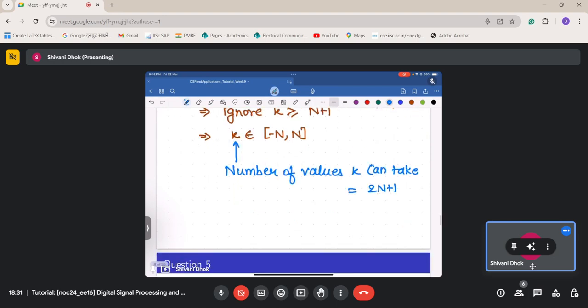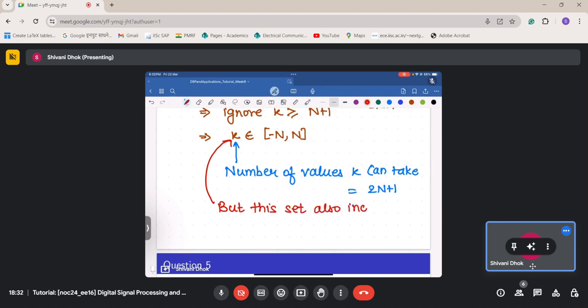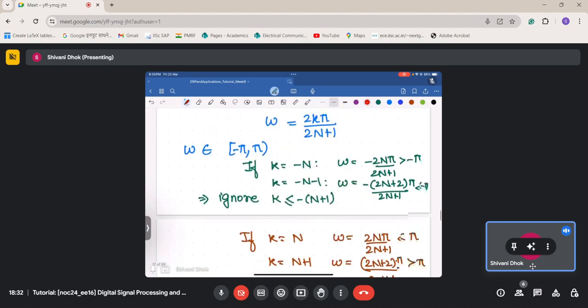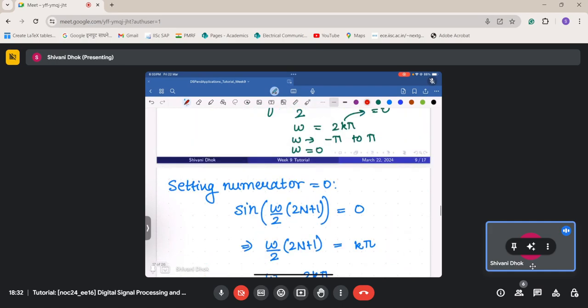But this set also includes the value k equal to 0. And we saw that at k equal to 0, the denominator goes to 0.